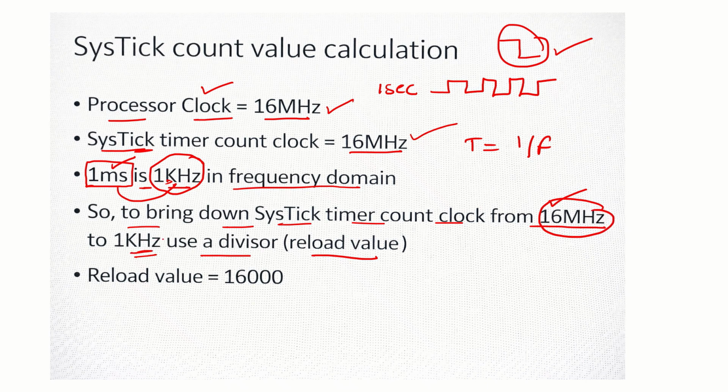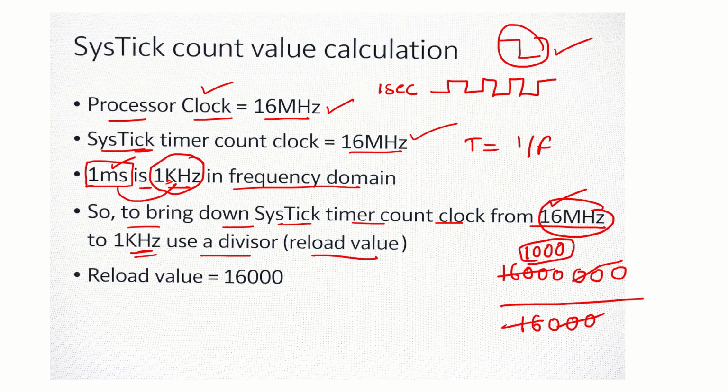If you divide 16 megahertz by 16,000, you get 1 kilohertz, which is 1000 hertz. So if you divide your processor clock of 16 megahertz by 16,000, then you get a 1 kilohertz clock frequency. In the time domain, 1 kilohertz is 1 millisecond.